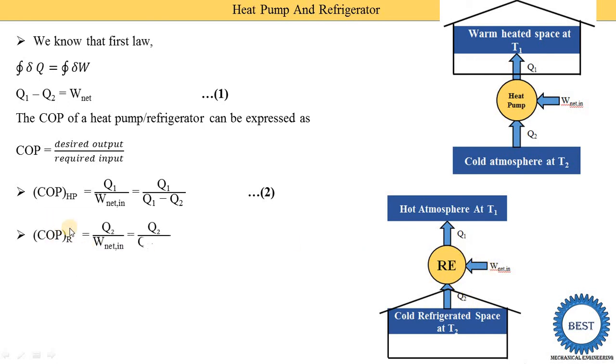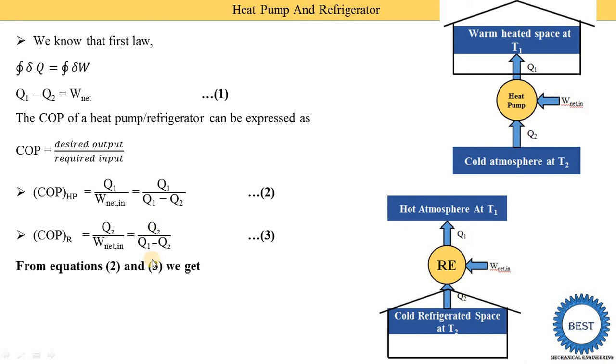So COP of refrigerator, written as COP bracket R, has output Q2 and work input W net, and W net is also Q1 minus Q2. So that is the simple difference: COP of heat pump is Q1 upon Q1 minus Q2, and COP of refrigerator is Q2 upon Q1 minus Q2.